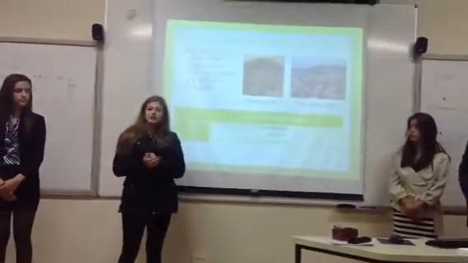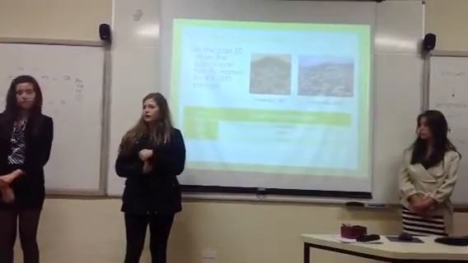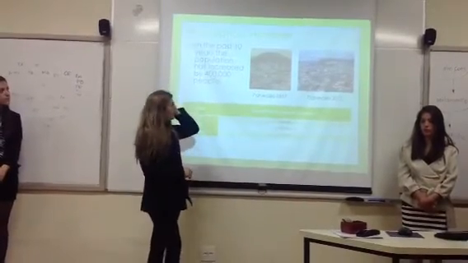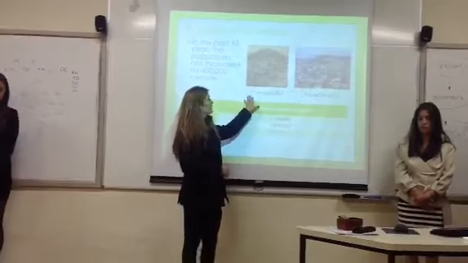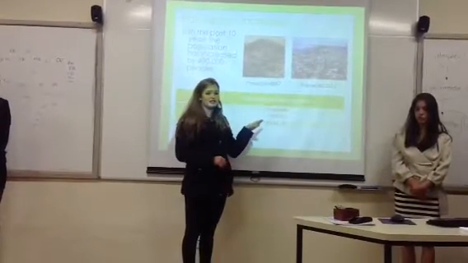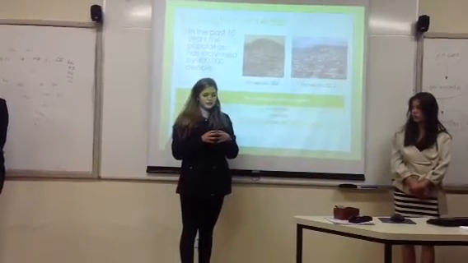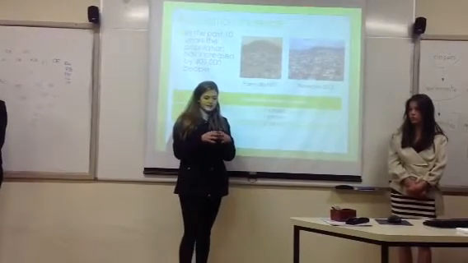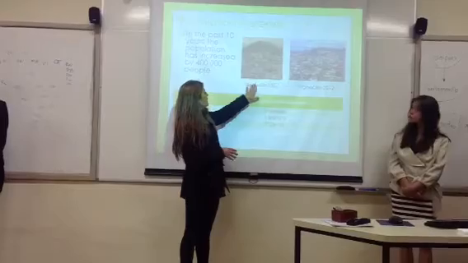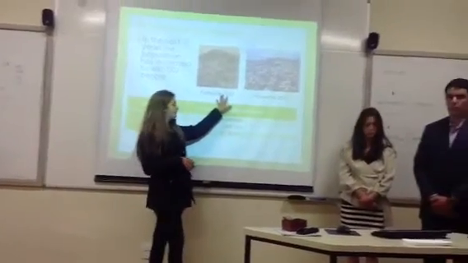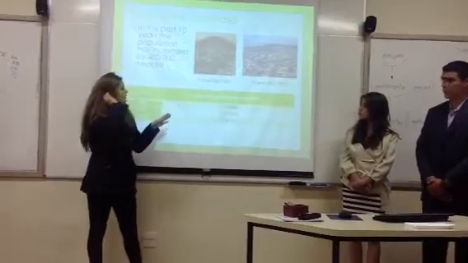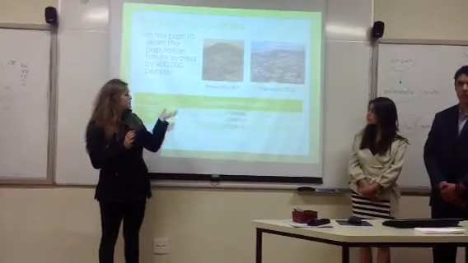Our population has also been increasing by 400,000 people per decade. These two pictures are taken from the Panecillo, which is mainly the center of Quito. It's the center of the city. So in 1857 and in 2012, we can see how the population has increased and the construction has increased.